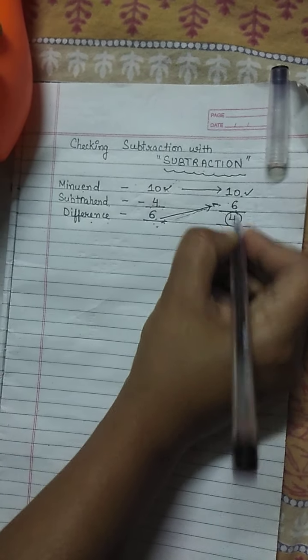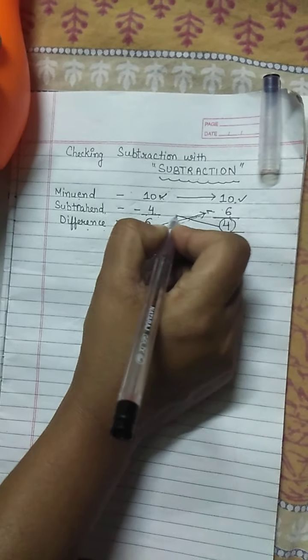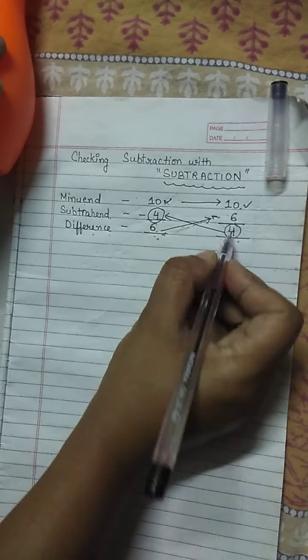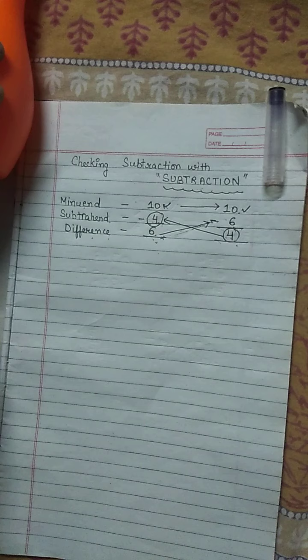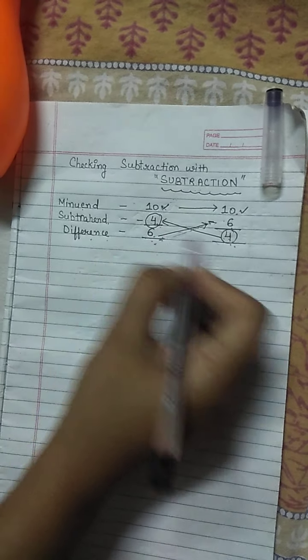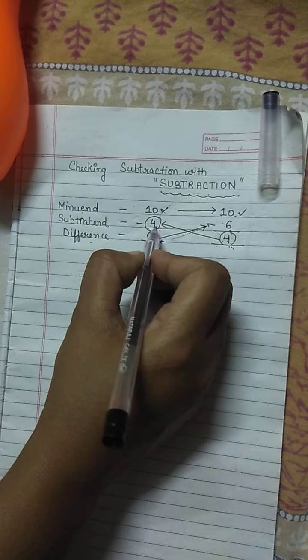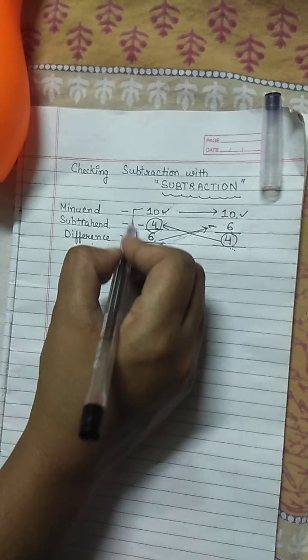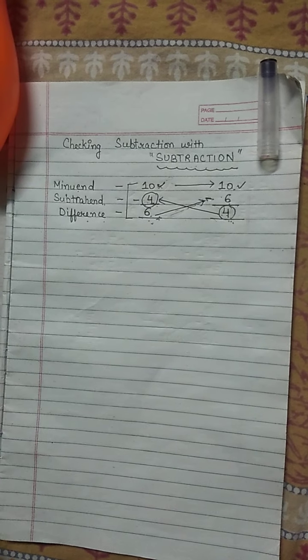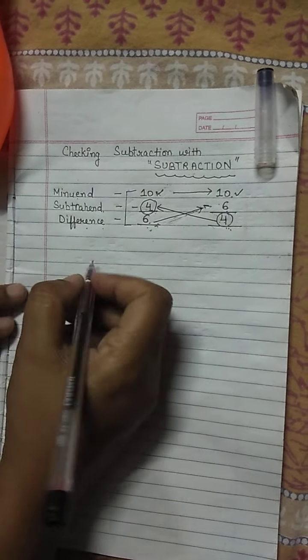Now this answer should be the same as this subtrahend. These two numbers should be the same. If this answer is the same as the subtrahend, that means your answer is correct. Right? Let me give you one more example.